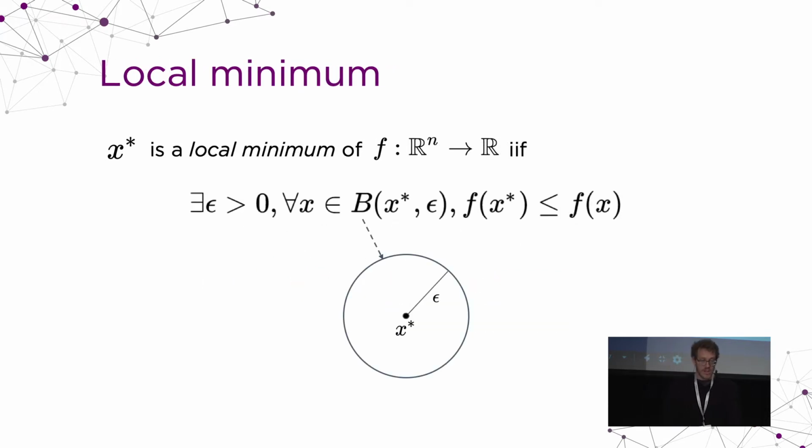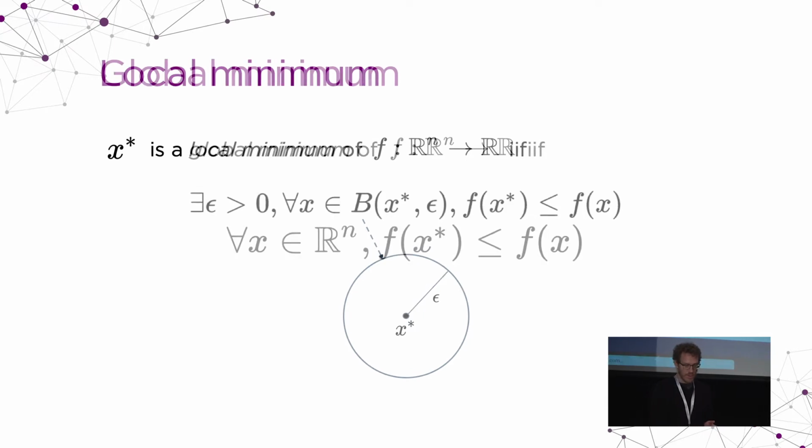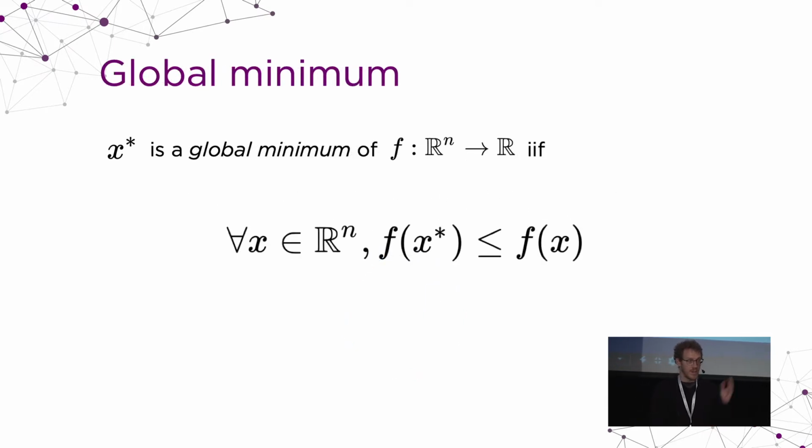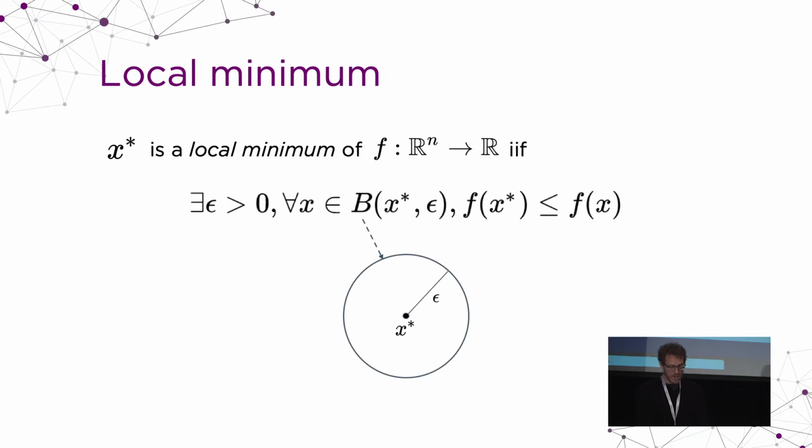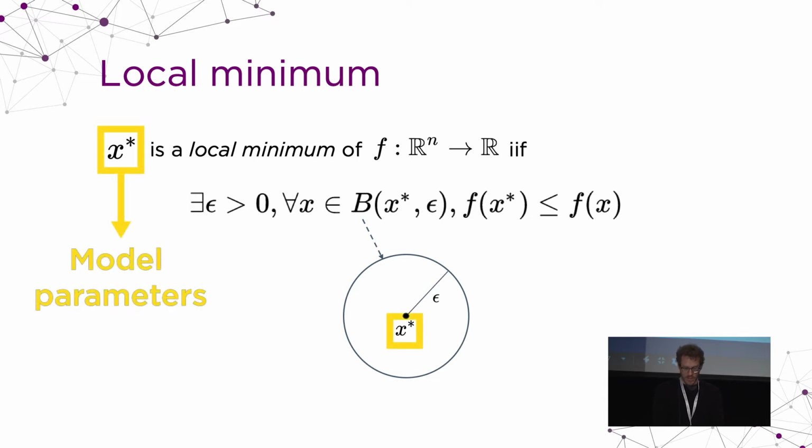But usually, it's too much to ask for the global minimizer. Our deep neural networks have millions of parameters. Can we really find the global minimizer that will minimize the average loss on the training set? What we will consider is more the local minimum. On a local minimum, I will have one model here with the values of the parameters that have been set.